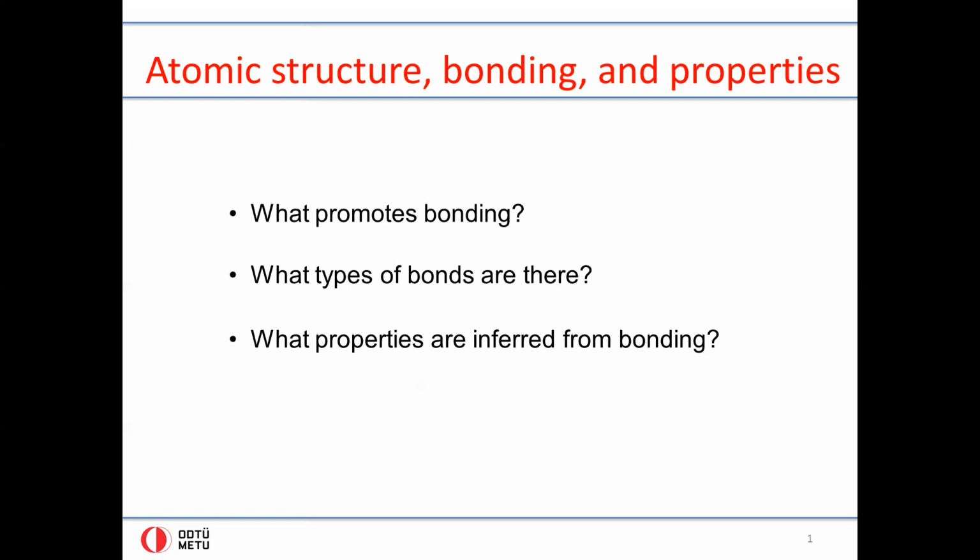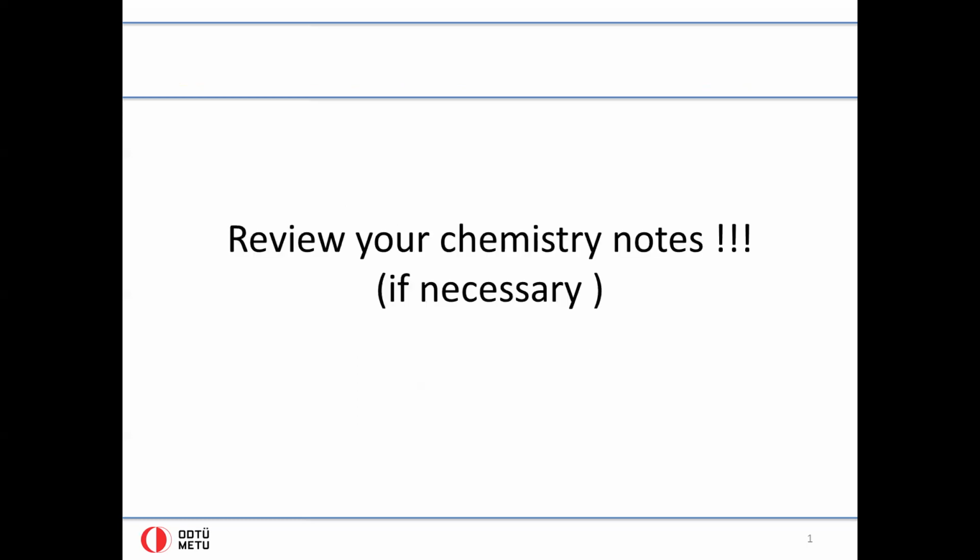Which properties, say, of a real material can be determined from the properties of the bonds or the types of the bonds that its atoms make? So it is useful to remember some things about chemistry 107 or earlier chemistry courses. So it may be a good idea to review your notes at times.